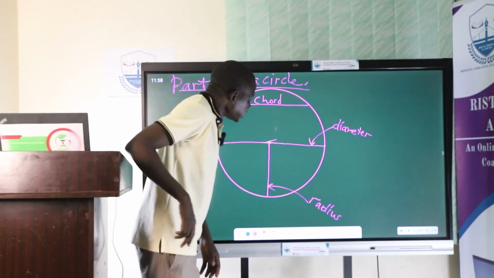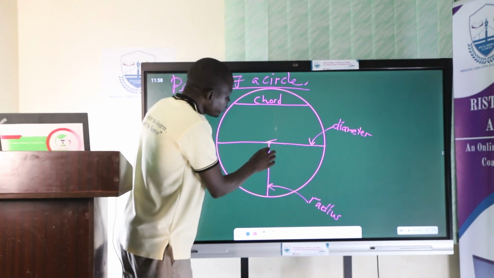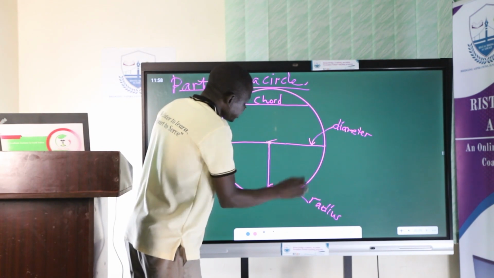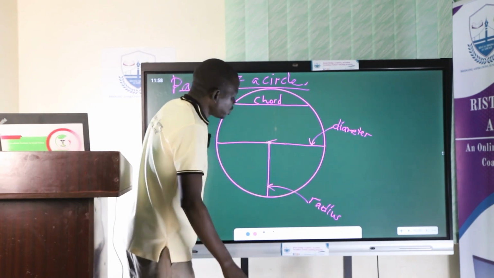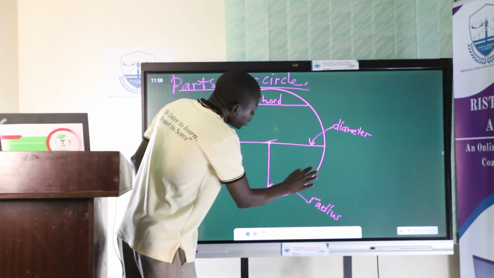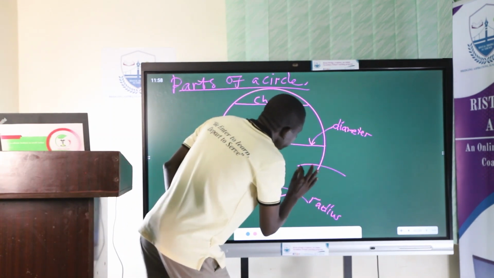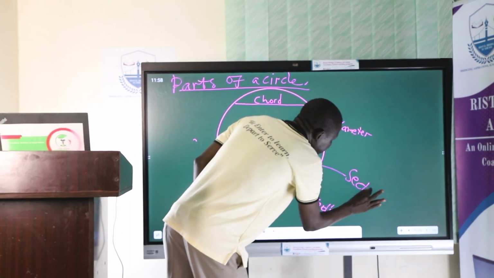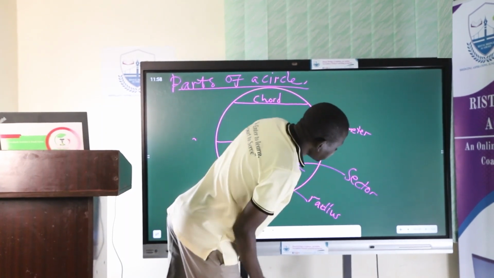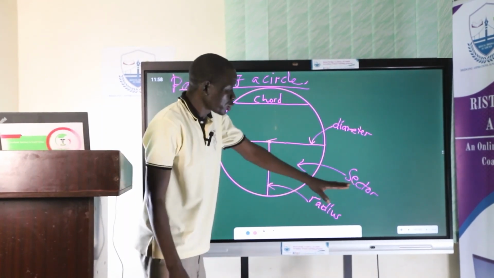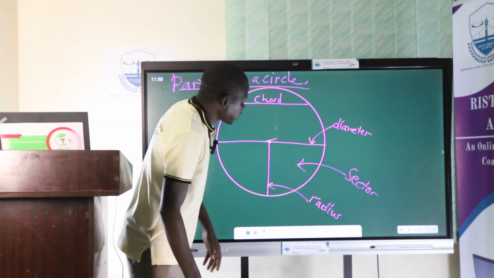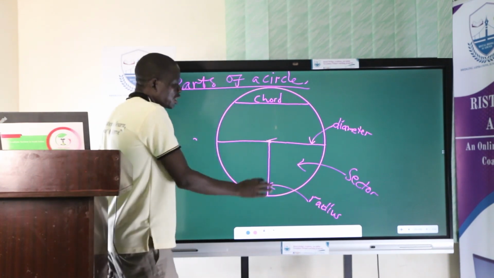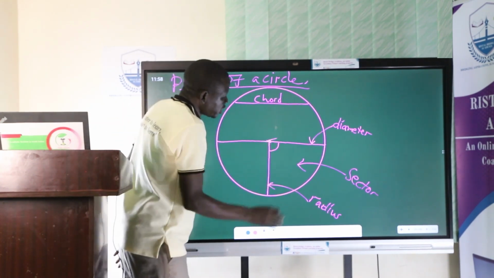Now, this radius here meets the center at an angle, forming what we call a sector. This part here is what we call a sector. It is just a proportion of the part formed in a circle, and the sector forms an angle here.